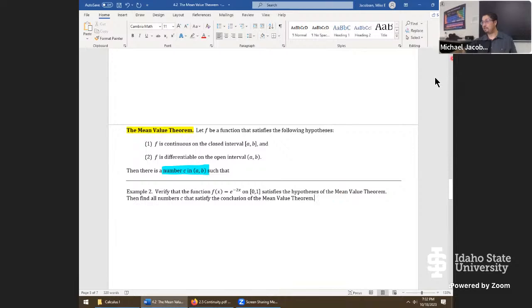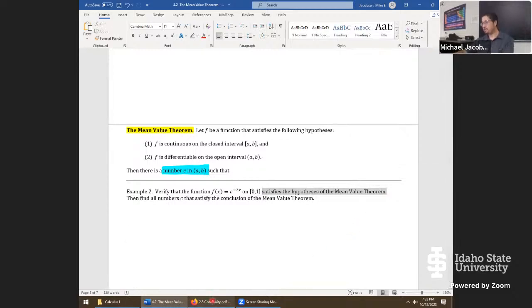It says on this problem, verify that the function f of x equals e to the power negative 2x, defined with domain 0 to 1, inclusive on the boundary points, satisfies the hypotheses of the mean value theorem. So that's our first thing to do.